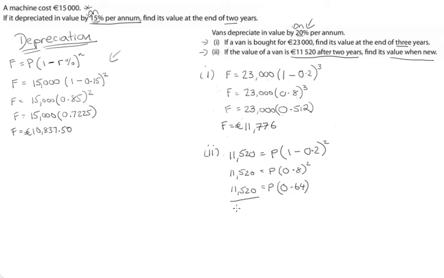We're dividing this by 0.64, and we're also dividing this by 0.64. As long as we divide both sides by the same amount, we're allowed to do this. So that cancels with that, and we're left with 11,520 divided by 0.64, and that will give us what P is.